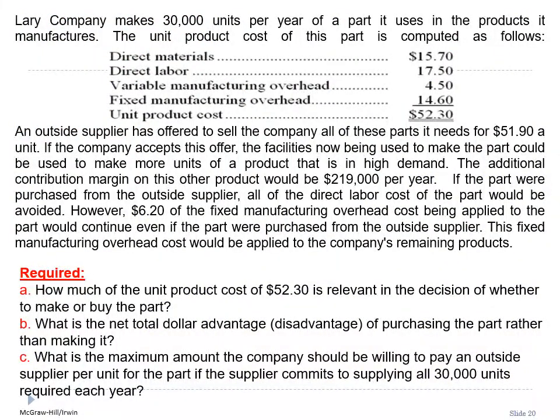Now let's take an exercise about the decision of whether to make or buy a part. Larry Company makes 30,000 units per year of a part it uses in the products it manufactures.